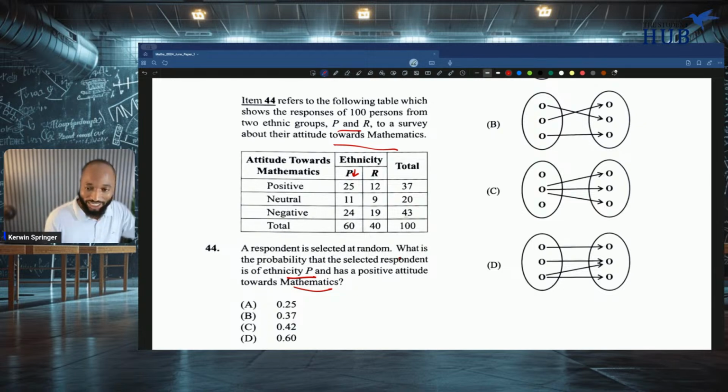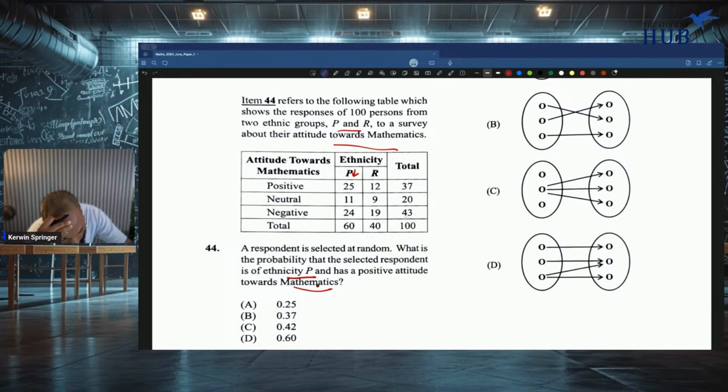So let me take it back again. What is the probability that the selected respondent is of ethnicity P and has a positive attitude towards mathematics? So what is the chance that you select somebody from P out of the total?